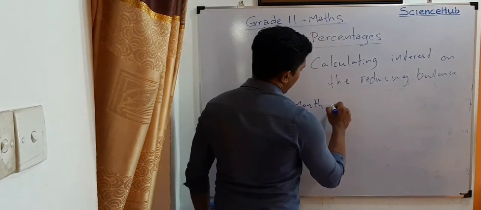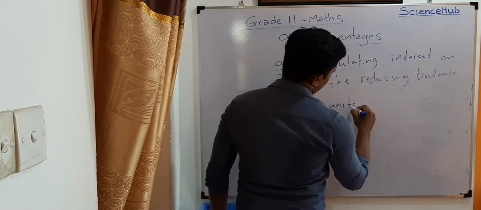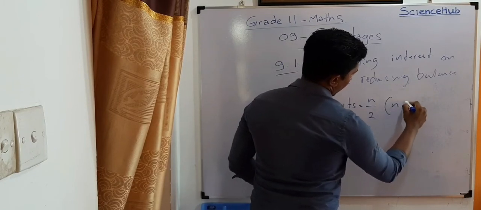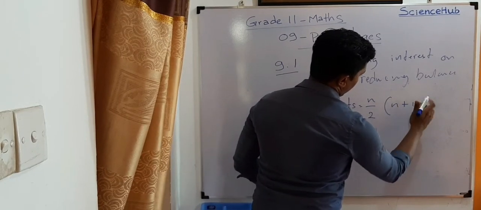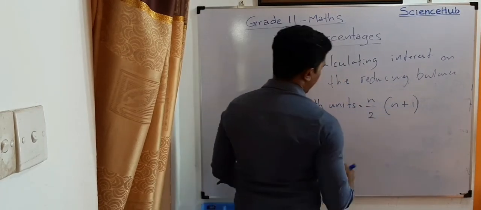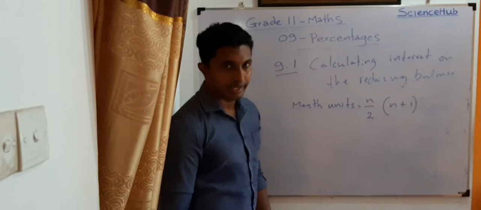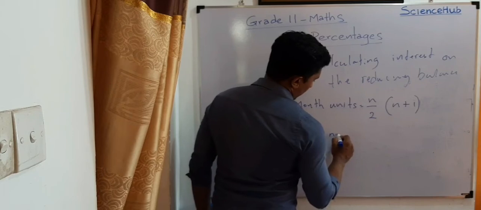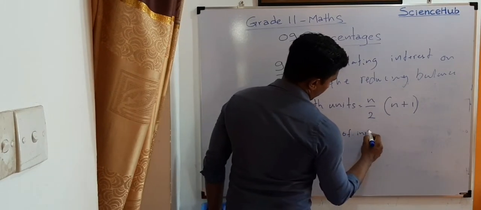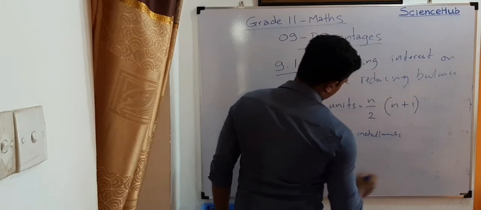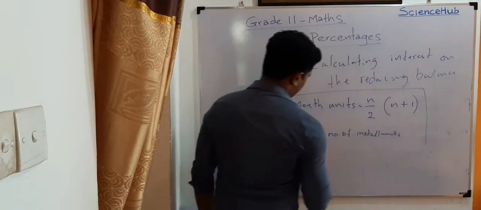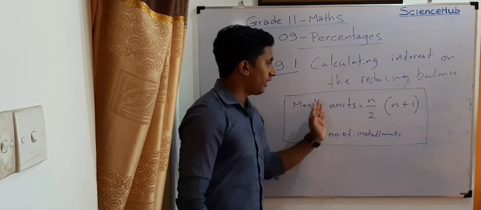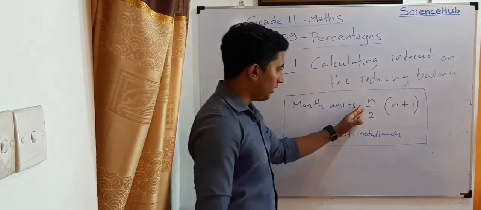The month units equals n over 2 into n plus 1, where n is the number of installments. This is the formula for finding month units. Then we can apply this to that question.